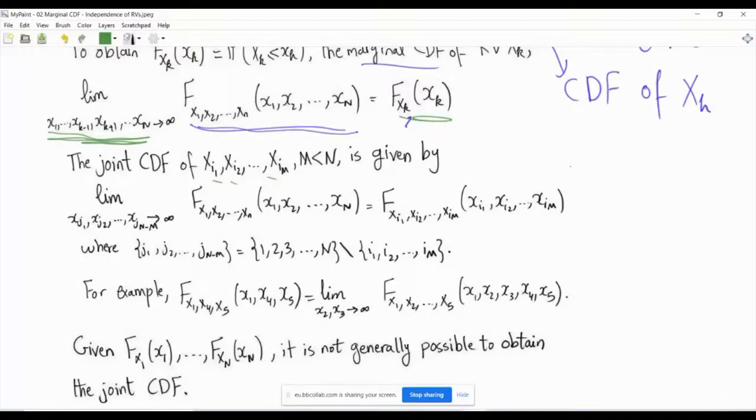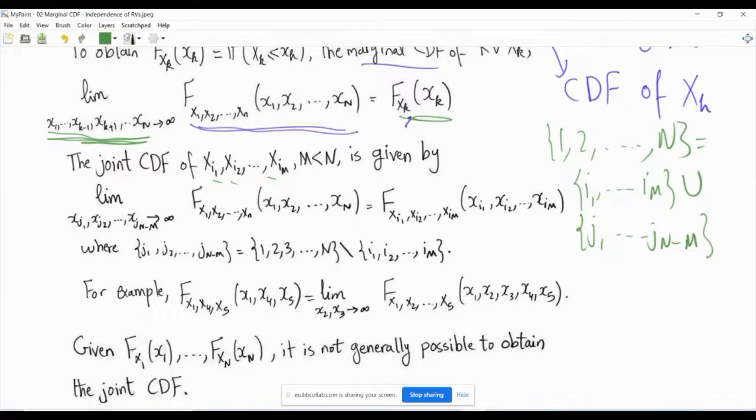We have n random variables, indexed by 1, 2, 3 up to n. Suppose you can write this index set as the union of two disjoint sets, i1 through im, and j1 through j(n minus m).